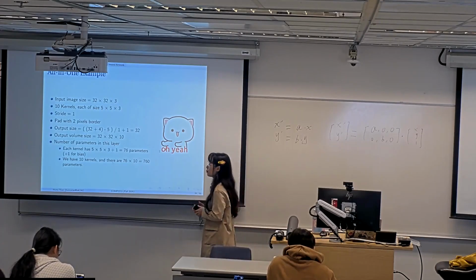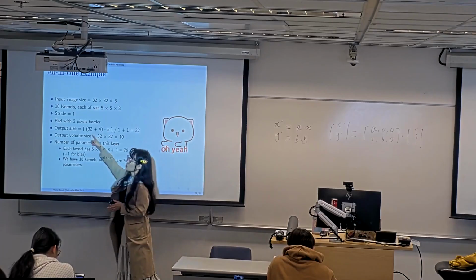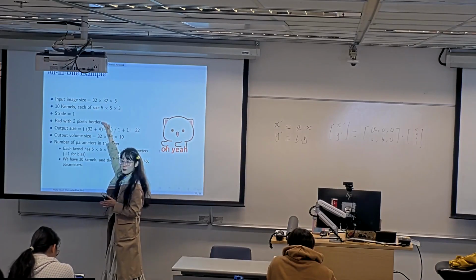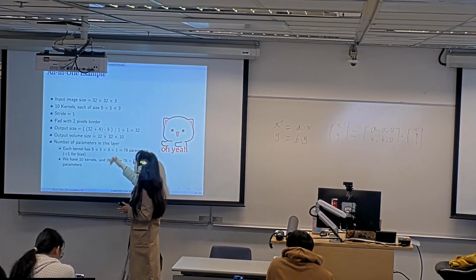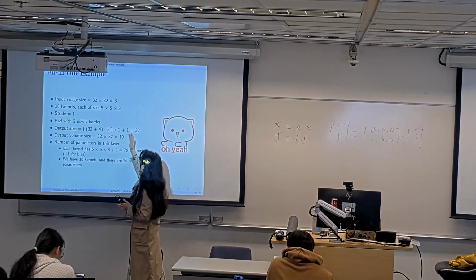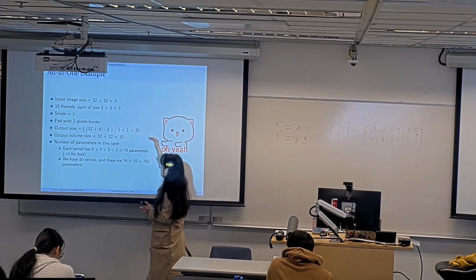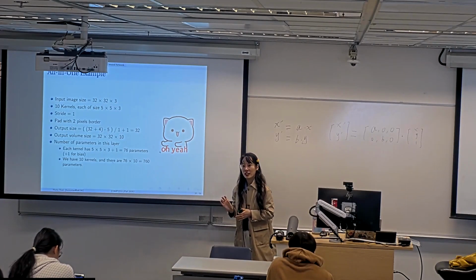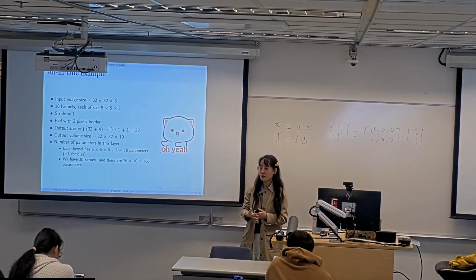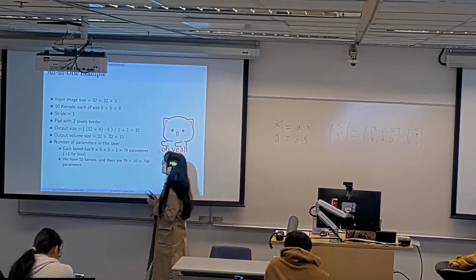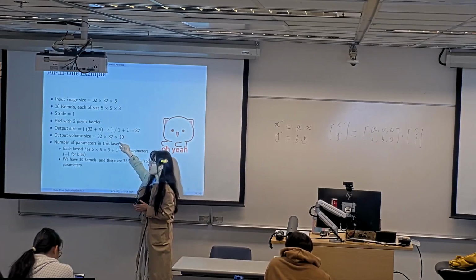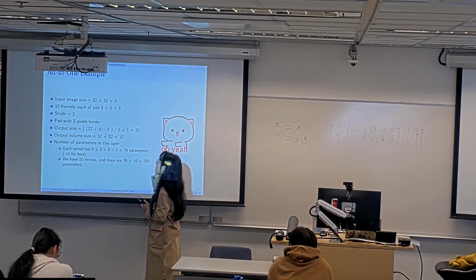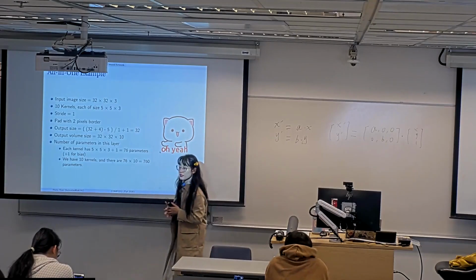Then according to the formula, the output size should be 32 plus 2 times your padding pixel, that's 32 plus 4 minus kernel size 5, divided by stride 1, plus 1, which is 32. And then the depth of your output is the number of kernels you have applied. So here you apply 10 kernels, so the depth will be 10. Then the output volume size will be 32 by 32 by 10.